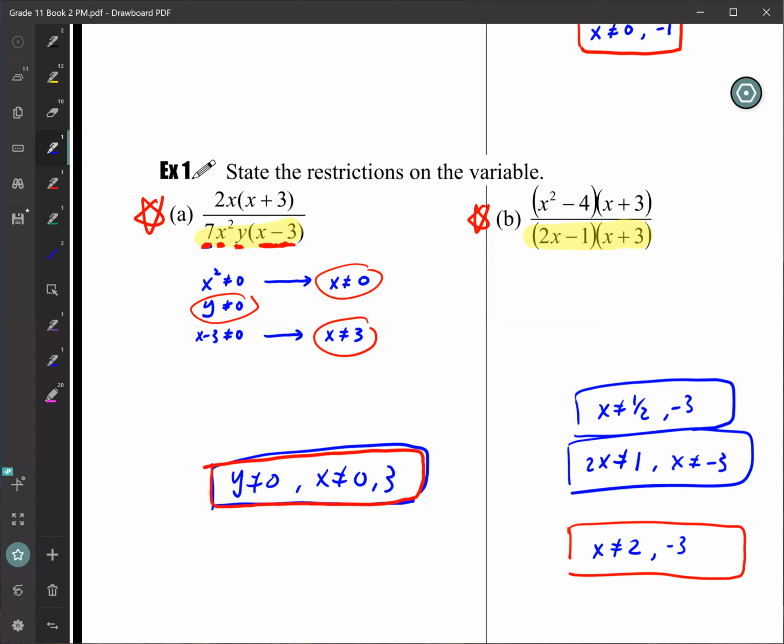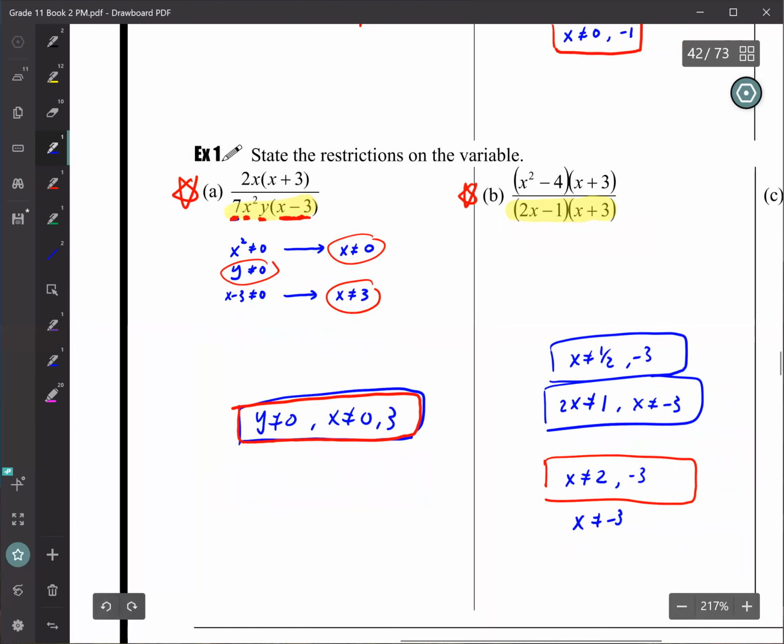Where'd you go? Oh, I was there, but I think I was on mute. Oh, okay. So what's your answer? I got x can equal -3 or 0. Oh, 0. Okay, x cannot equal -3 and 0. Is that right? Yeah. Okay, let's check, okay?